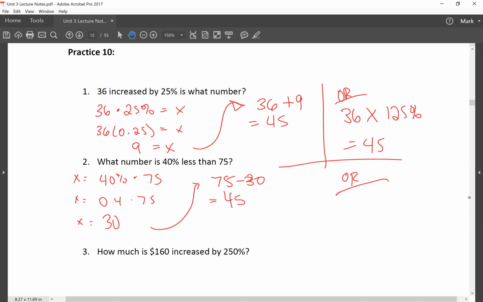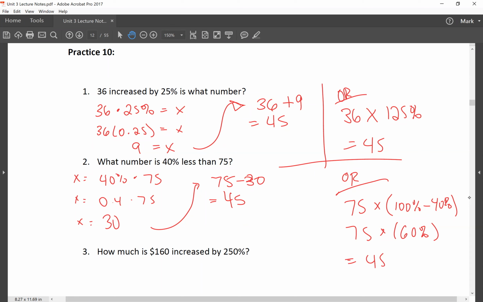is, okay, so I have 75 and I'm trying to figure out what it would be if it was 40% less. So what I could do is take that 75 and multiply it by 100% minus 40%. So 75 times 60%, and then I would also get 45.